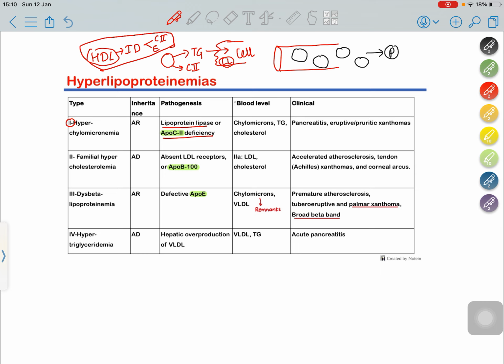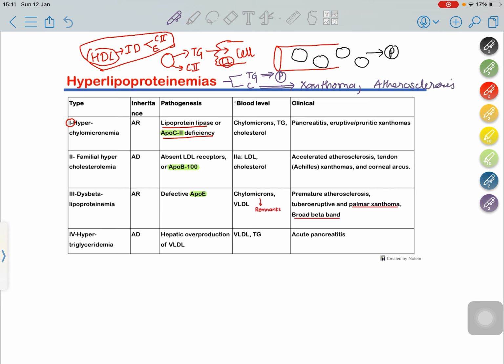So there is a rule that you have to remember, two things, triglyceride and cholesterol. Whenever there is a severe increase in triglyceride, it will always cause pancreatitis, and where there is a severe increase in cholesterol, it would cause xanthoma and atherosclerosis. This is a basic rule.